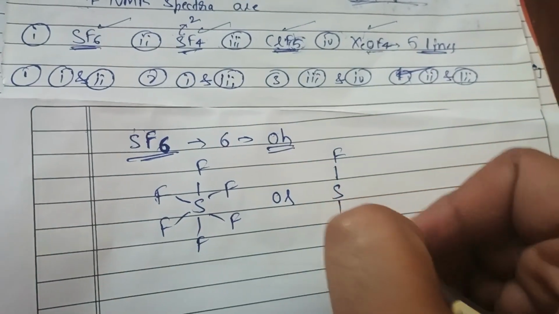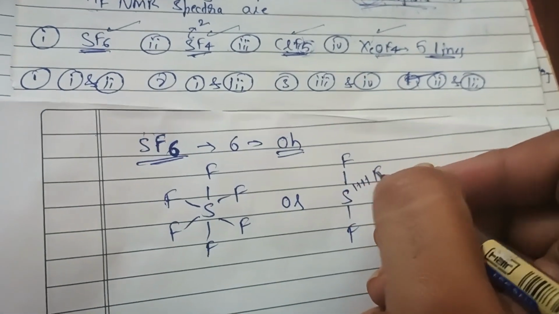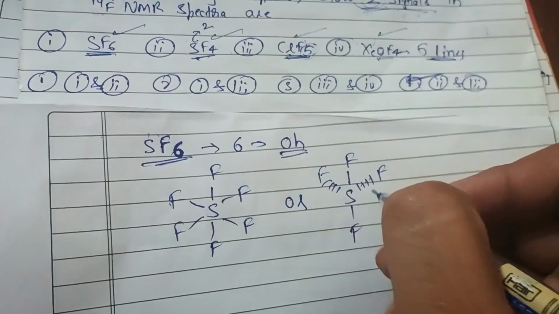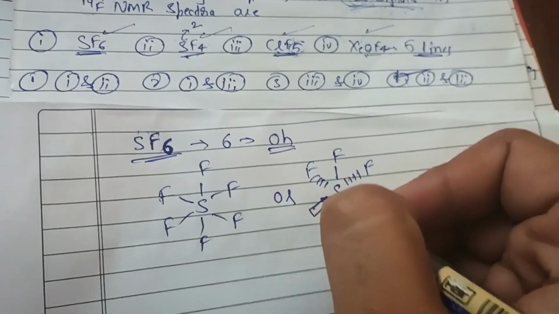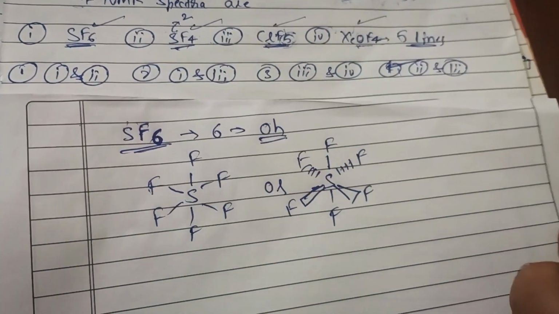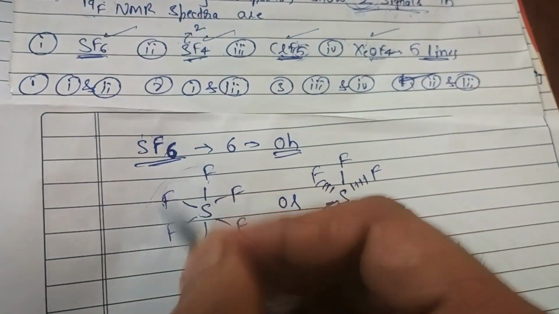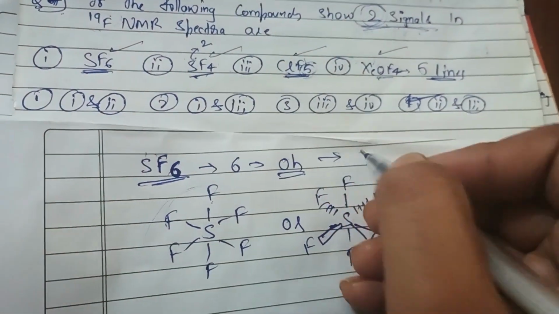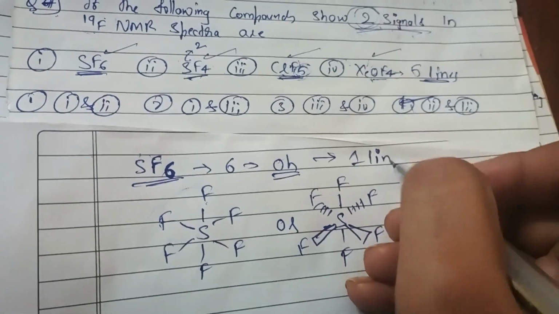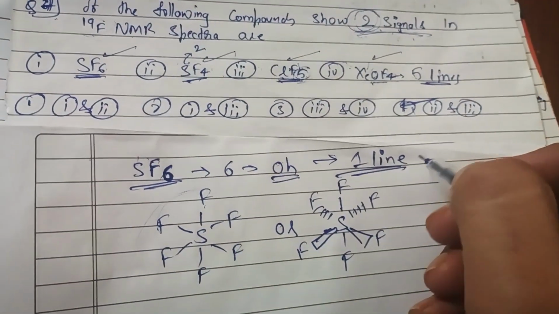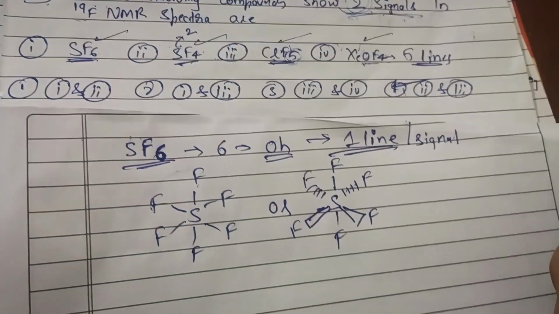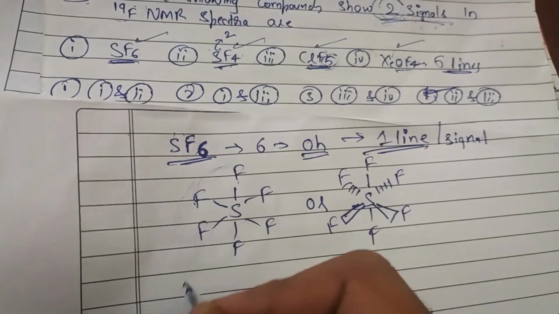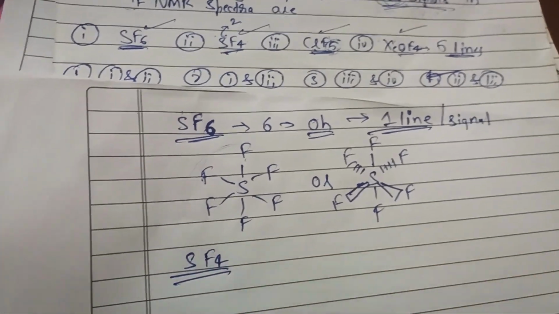Some F are at the back and some at the front. Since all the fluorines are equivalent, it will show only one line or one signal in fluorine NMR. Okay, next will be SF4.